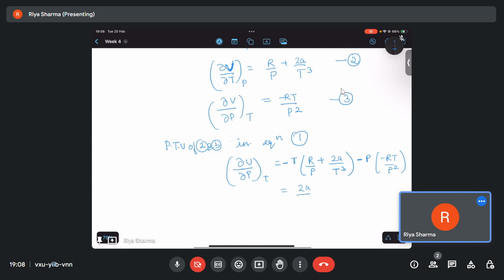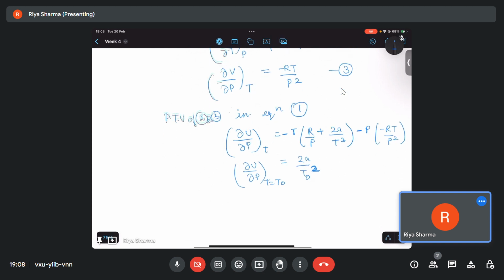This will become T naught cube, T naught square. At T equals T naught it will become T naught square.